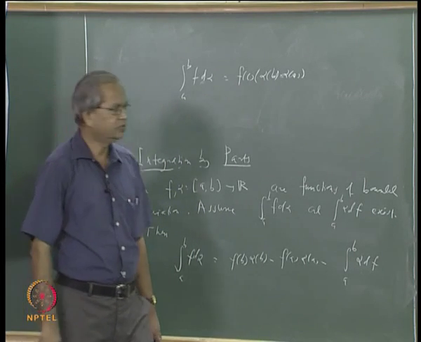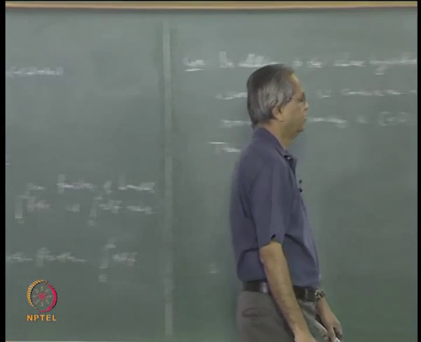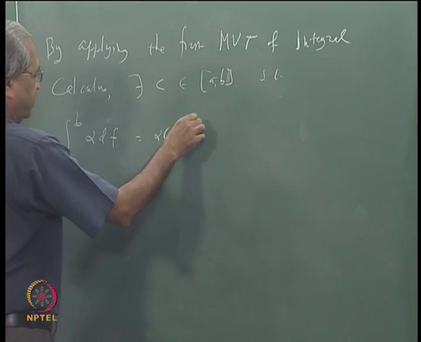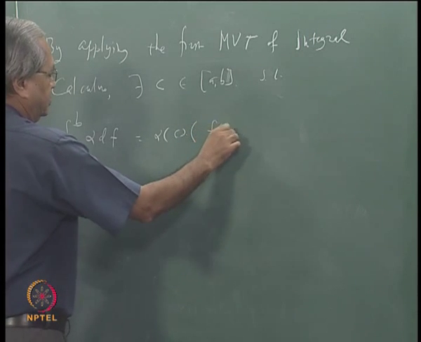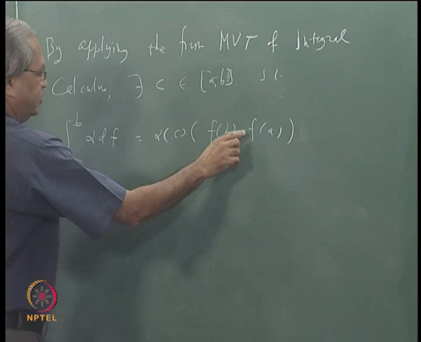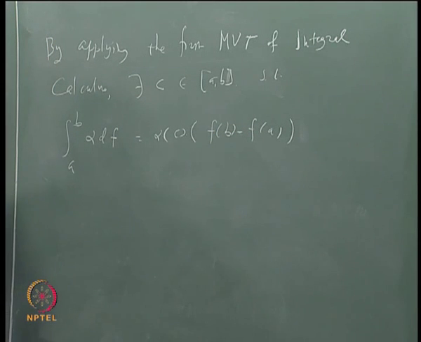So the integral of alpha df is equal to alpha(C) multiplied by f(b) minus f(a). Up to this we have done nothing new, we have just applied the first mean value theorem.